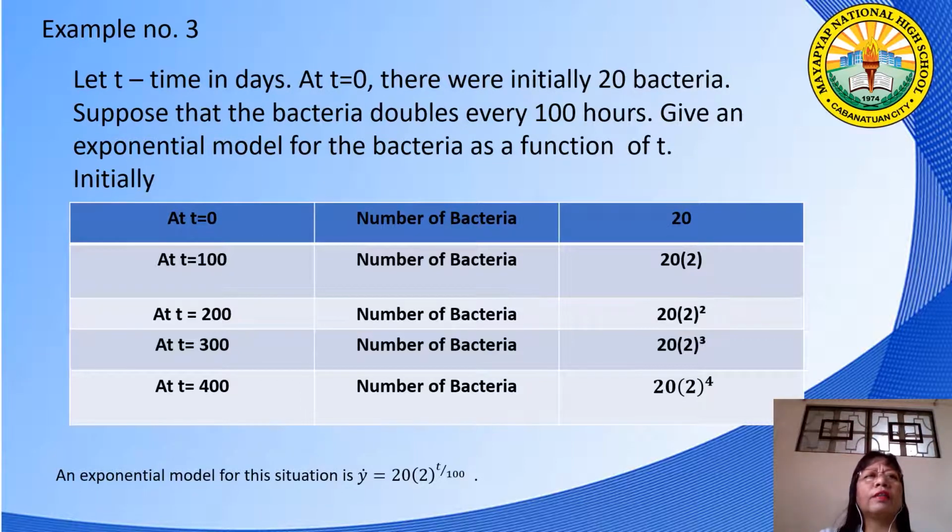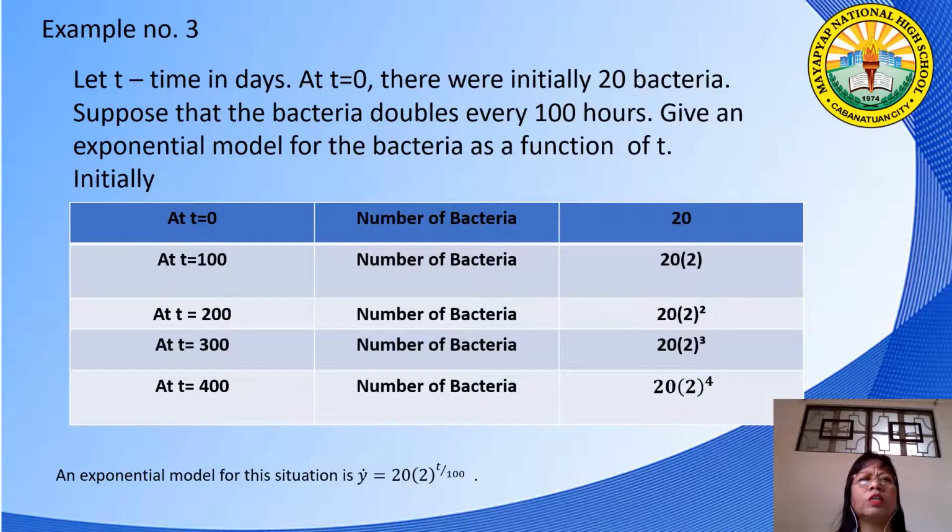Initially, at t equals 0, the number of bacteria is 20. And at t equals 100, the number of bacteria becomes double, 20 times 2. At t equals 200, the number of bacteria becomes 20 times 2 raised to the second power.